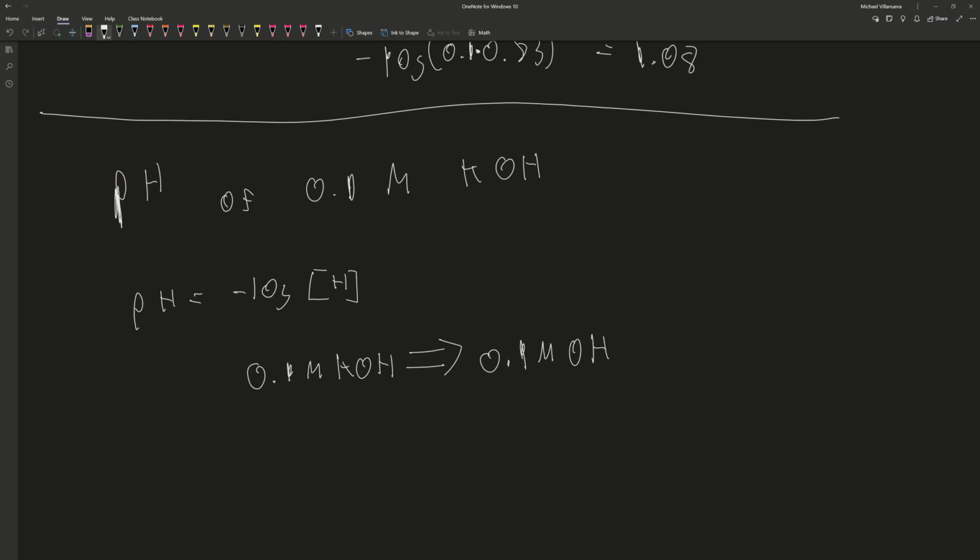However, we have an OH concentration, and our pH formula needs an H concentration. So we need to note that Kw is equal to the concentration of H multiplied by the concentration of OH.